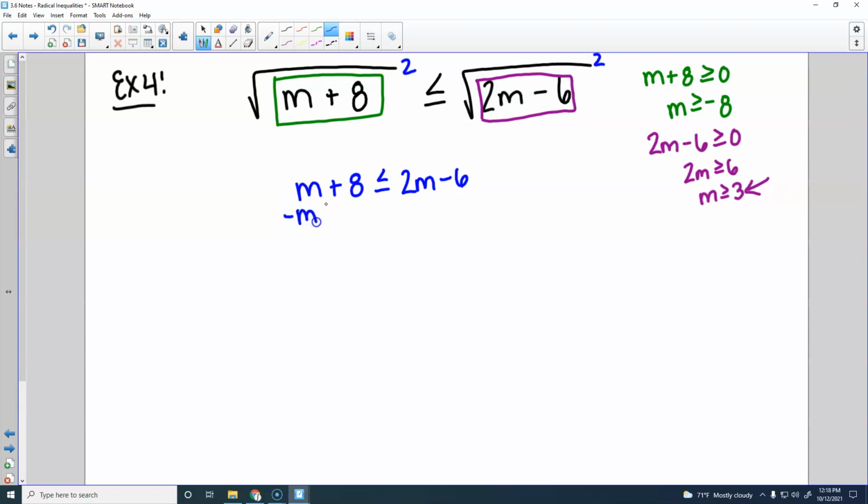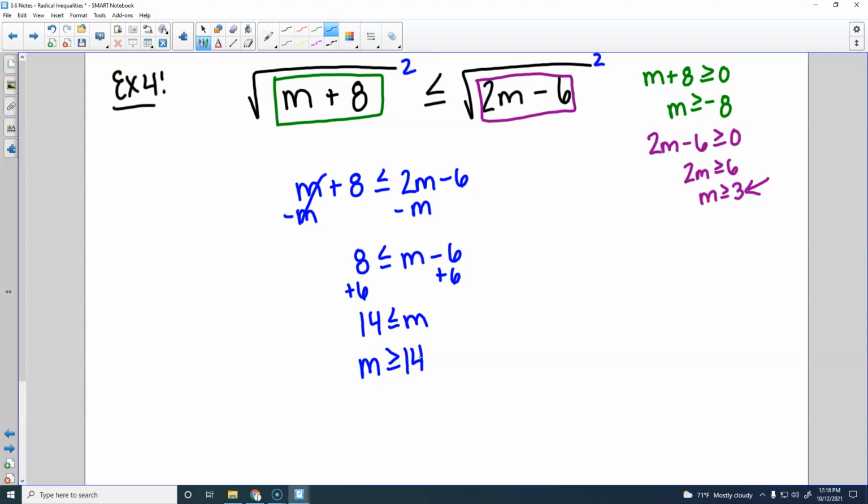I'm going to subtract my m right here. So 8 is less than or equal to m minus 6. I got to add that 6. So 14 is less than or equal to m. And so I'm going to write this back around this way. M is greater than or equal to 14.